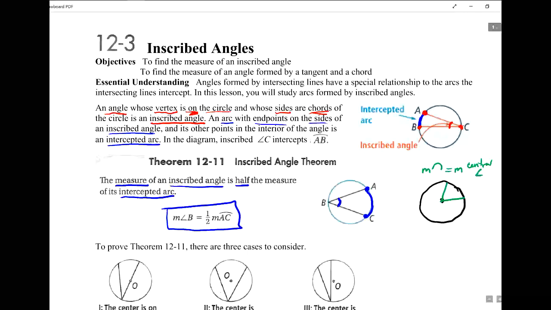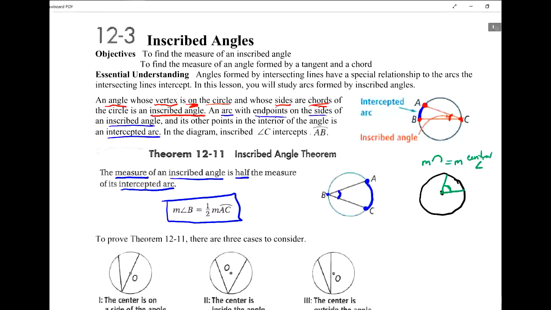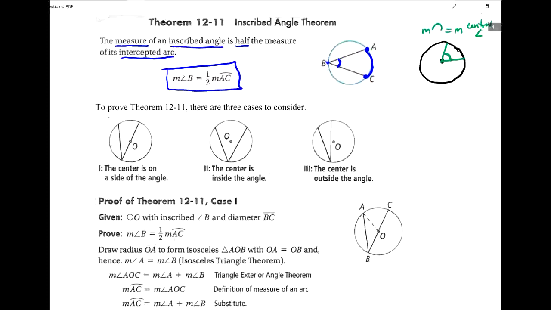So make sure that you keep these two separate, okay? Central angles have their vertex on the center, and inscribed angles have their vertex on the circle. And so the measure of the angle is 1/2 of the intercepted arc. So let's look and see what we have here.